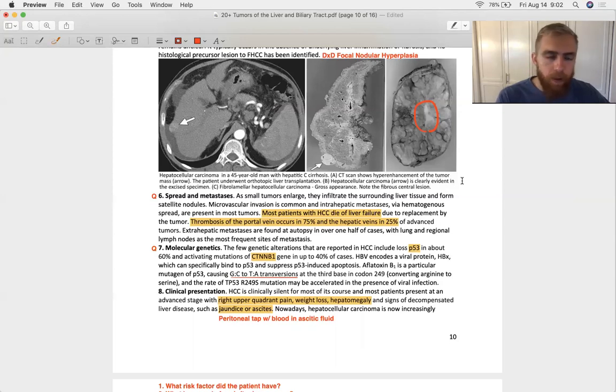So those are the most common complications of HCC. Again, remember the genes beta-catenin, P53, aflatoxin B1 related to Aspergillus, likes to mutate P53.